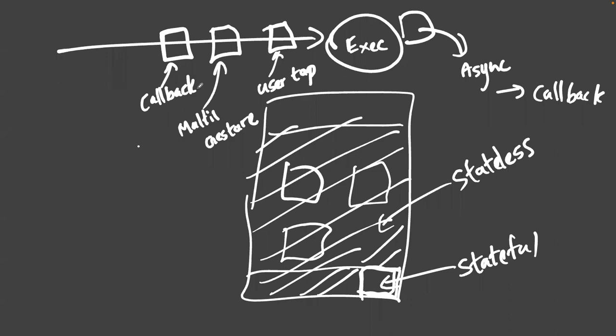Then the important thing is the future, right? When we are handling an asynchronous task, let's say our function is asynchronous. That means what we are returning from our function is a future.